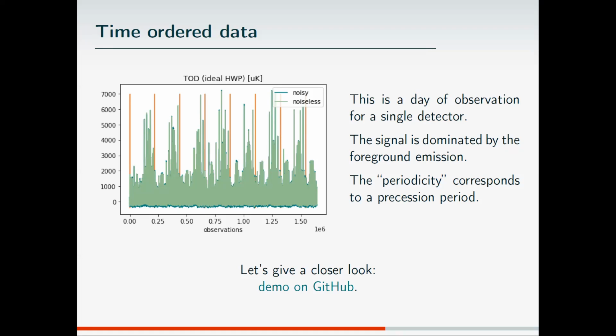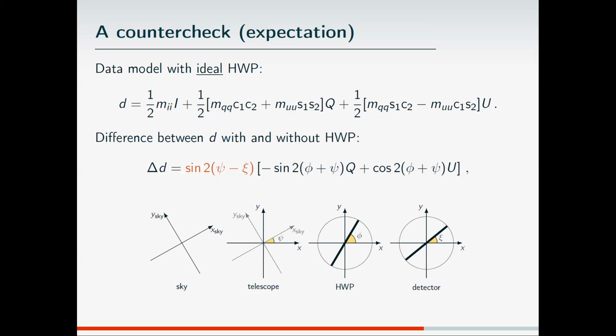Before going through the modifications and improvements that we would like to make, I just want to show you something that we see in the ideal case, which shows that everything is working fine, at least for the half-wave plate implementation.